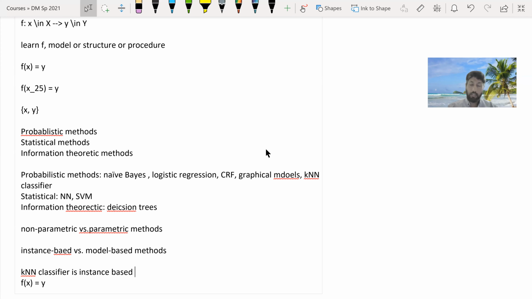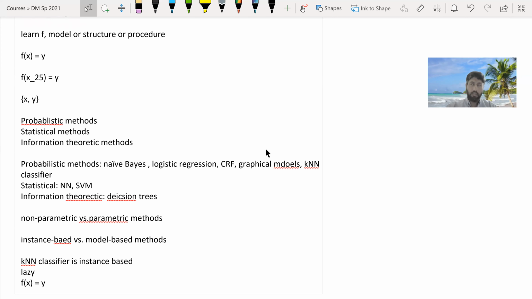So you can say that in this case, you don't actually learn a model, you learn a procedure, or you build a procedure. That's why in the beginning I said F can be a procedure as well: some structure, some regularity, some procedure. So these techniques are also called lazy classifiers, because they don't learn a model a priori and then use that model. They just look at the data at the time you need a prediction, and then make a decision.